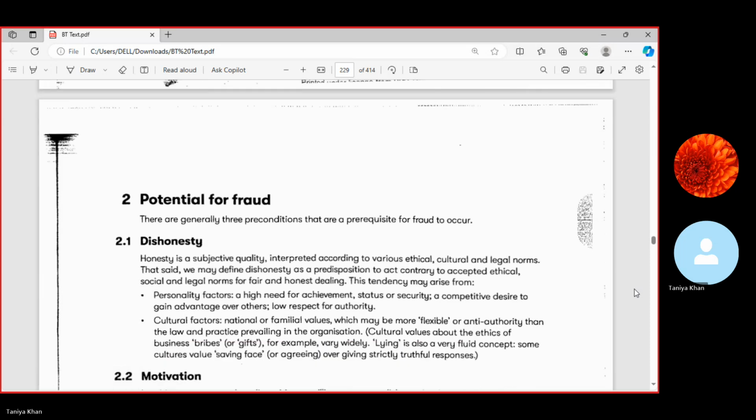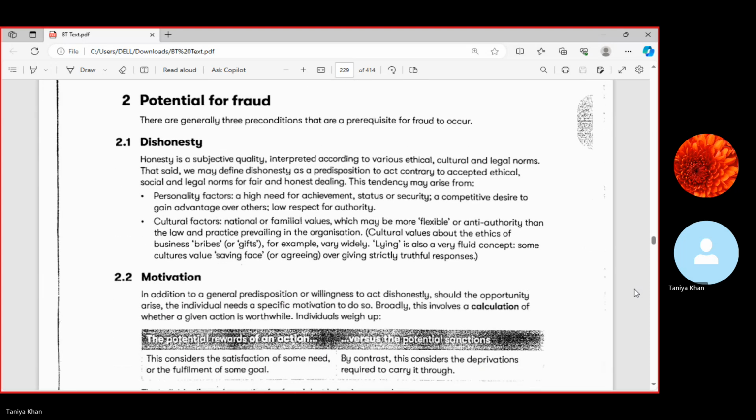Now, next is potential for fraud. For committing fraud, there are certain prerequisites, and only in that scenario can a person commit fraud. First and foremost, that person should be a dishonest person. Honesty is a subjective quality interpreted according to various ethical, cultural, and legal norms.